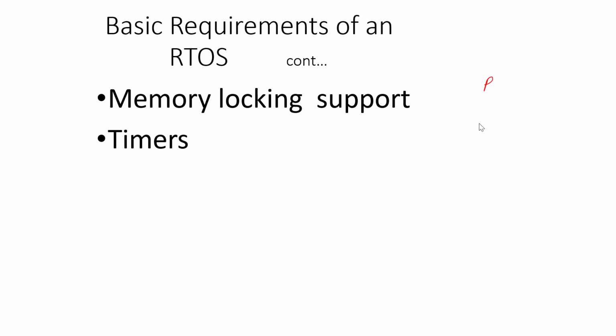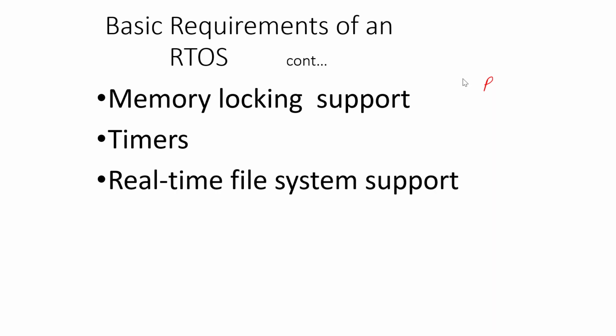Otherwise, what will happen is if, let's say, pages are evicted from the cache or from main memory, to get them back, we'll incur a large latency, we'll incur a page fault, which is not really good for real time systems. Timers need to be well behaved, so we will discuss in detail what this well behavior means.